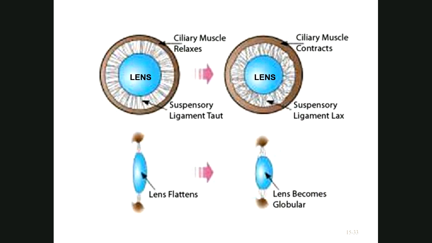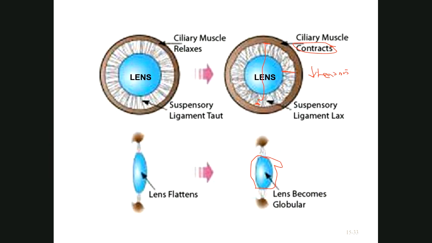Here's the muscle. So when the muscle contracts, this is what happens. Here it contracted. And look at the distance between here and here. It's shorter. So look, these ligaments have less tension. And when they have less tension, look what happens. You get this spherical lens.